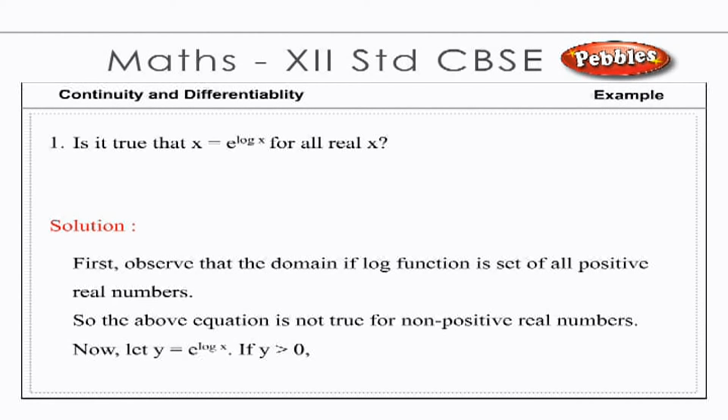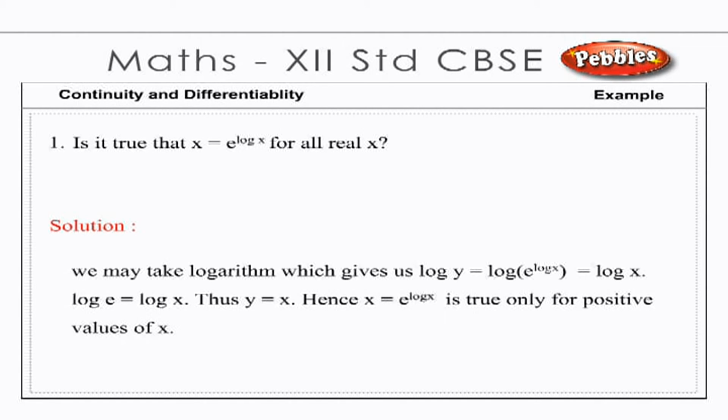If y is greater than 0, we may take logarithm, which gives us log y is equal to log of e raised to log x, which is equal to log x into log e, which is equal to log x. Thus, y is equal to x. Hence, x is equal to e raised to log x is true only for positive values of x.